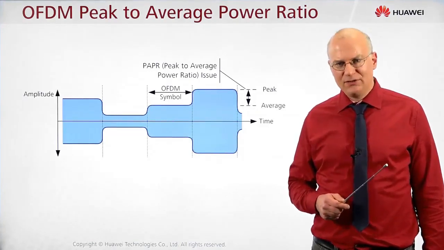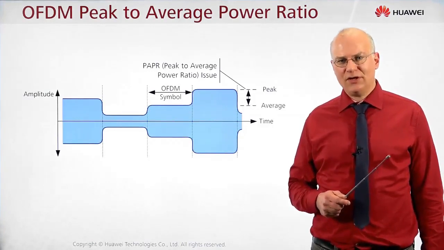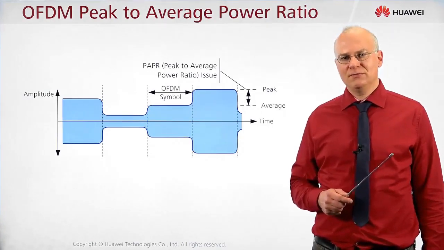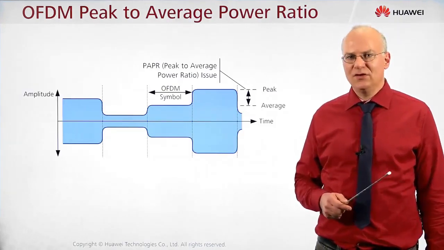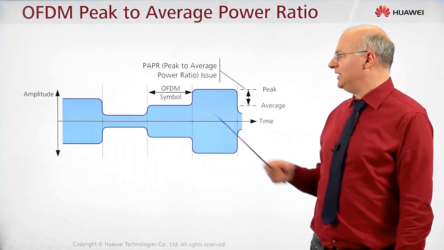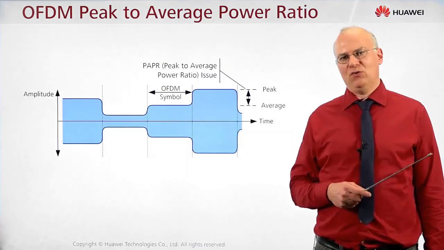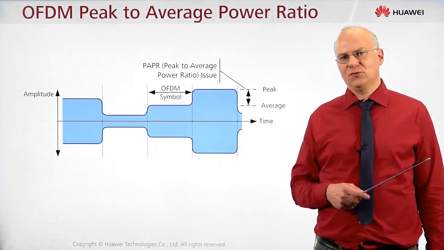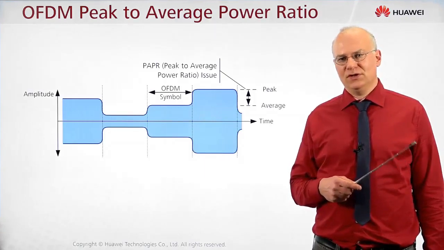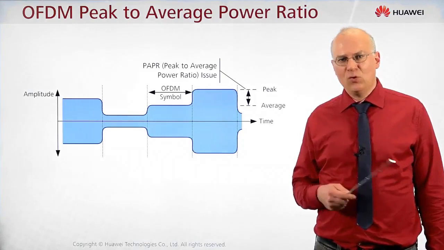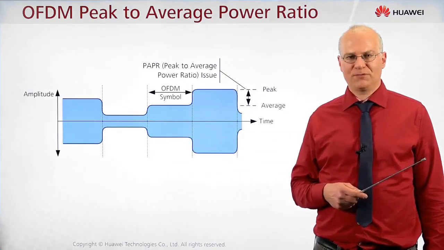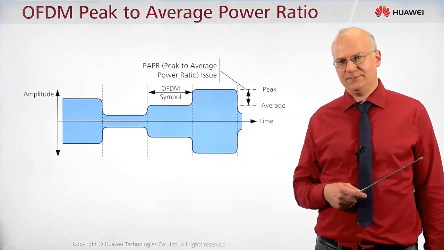In the uplink, we are using single carrier frequency division multiple access, which generates a signal with a smaller peak to average power ratio. So we can use transmitters which have lower power consumption. And this is important for the headsets.